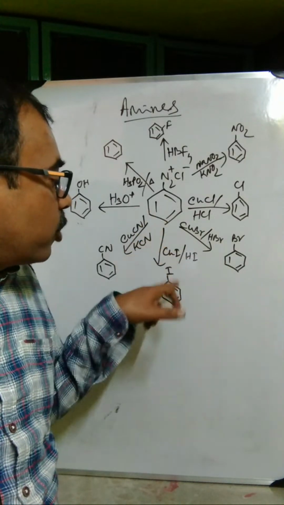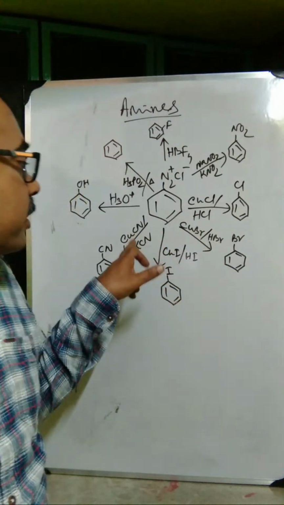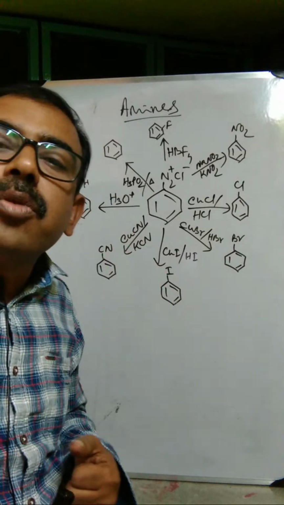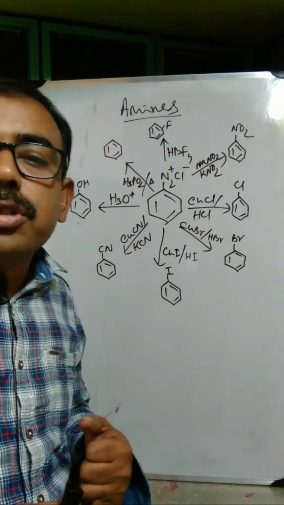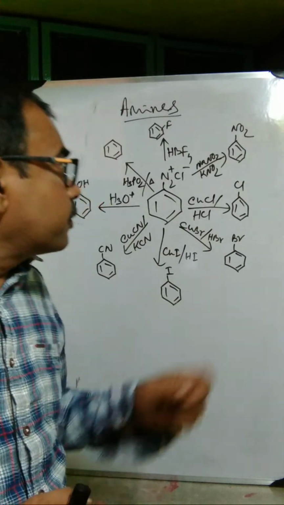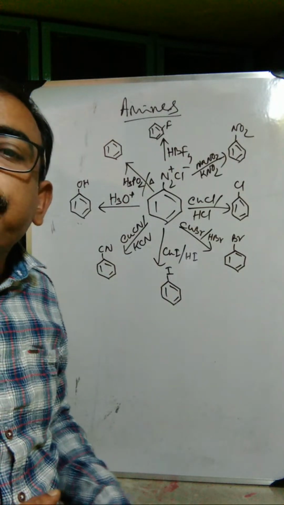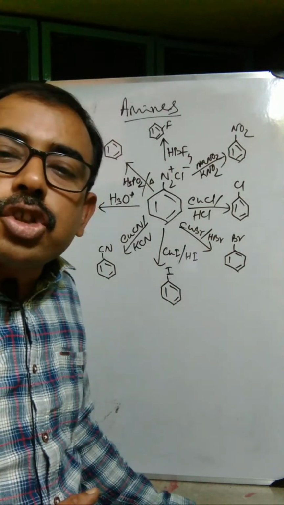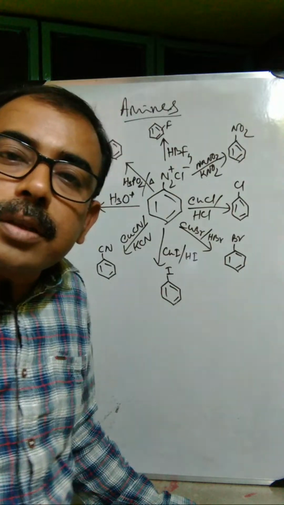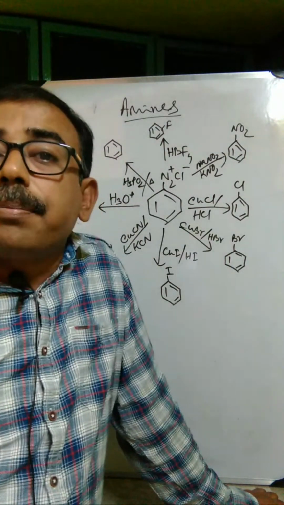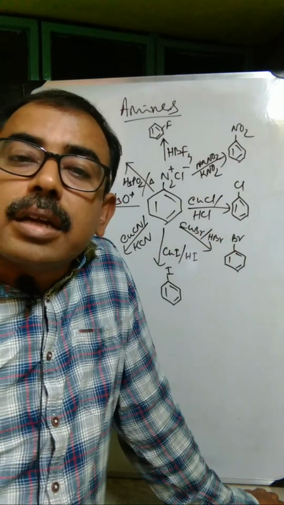CuI, HI gives iodobenzene, and CuCN, KCN gives cyanobenzene. These four reactions are called Sandmeyer reactions, and this other reaction is called the Schiemann reaction. So this chart is very helpful to you, I think. Now according to this, I will make some conversions in my next class.